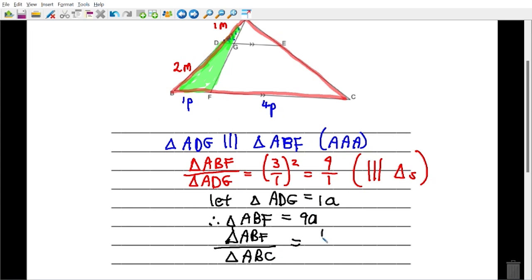So it'll be 1p as to 5p, it's just 1 as to 5. So what that means is that in fact ABC is 5 times bigger than this green triangle. And the green triangle we said is 9a. All right. So therefore, and the reason for this is shared height.